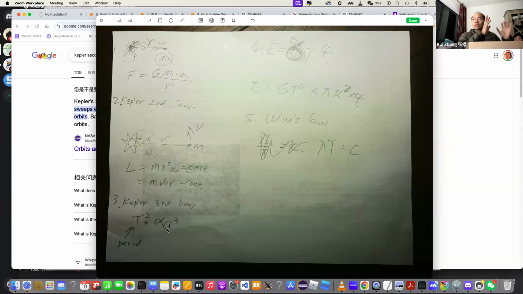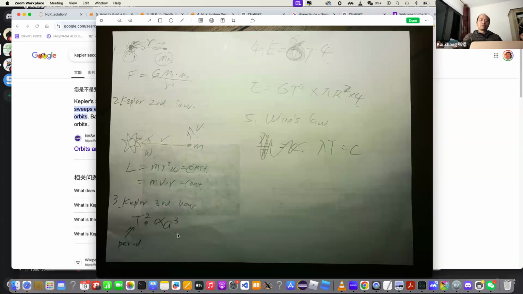So let's move the Earth 4 times farther from the sun than its current distance. How long would it take for the Earth to travel around the sun? How many years do you need?